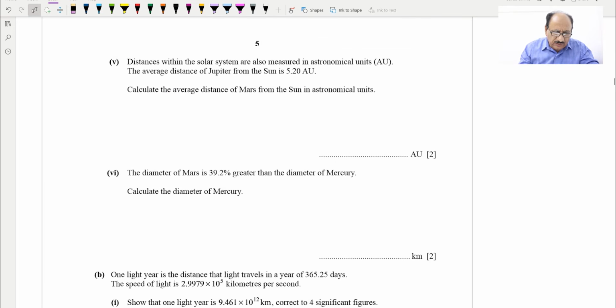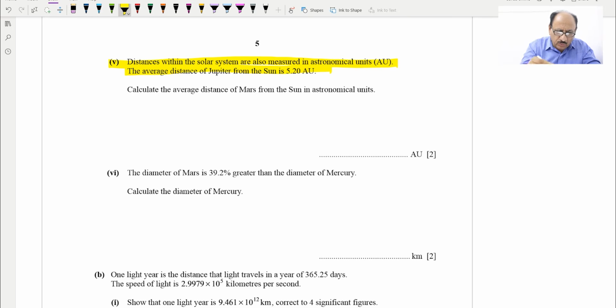Next is the fifth part, and it says the distances within the solar system are also measured in astronomical units, AU, and the average distance of Jupiter from the Sun is 5.2 AU.